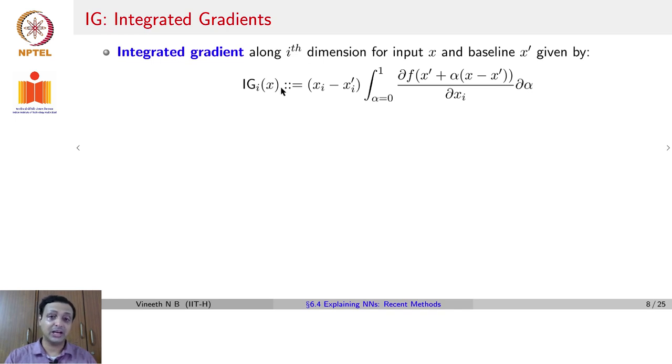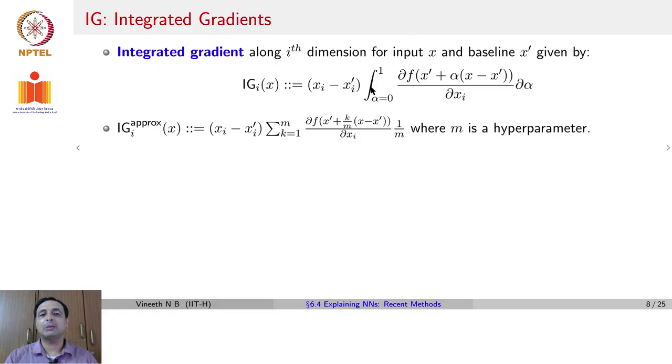They show that this kind of approach can lead to more robust attributions. But in practice, it's not possible to integrate over all possible alpha values. So we come up with an approximation where we take a set of alpha values. We define a set of intervals between 0 and 1, and we keep stepping on from each of those intervals.